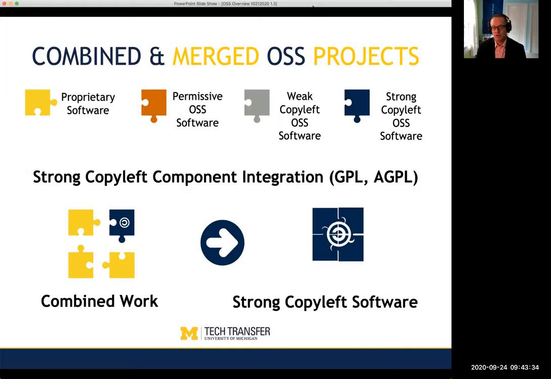So this comes to the one where, again, we end up with a fair bit of discussion. The strong copyleft component, the GPL component or AGPL component, you do a combined work. So you bring these things together and then you redistribute. This is when you hear people use that term viral, this is what they're talking about.